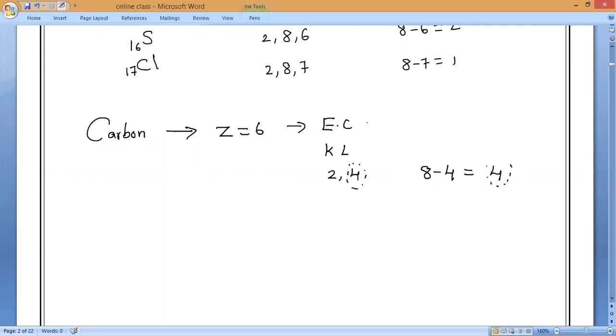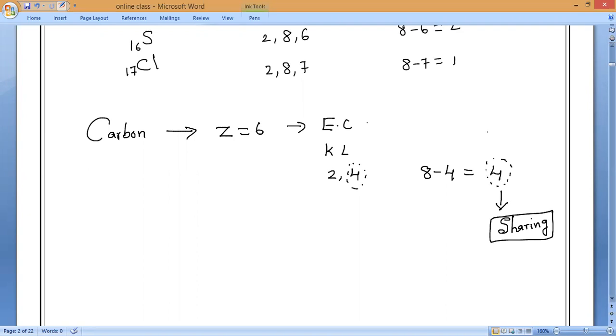But here you can notice, these electrons will never donate or receive. What they will do is undergo sharing of electrons.